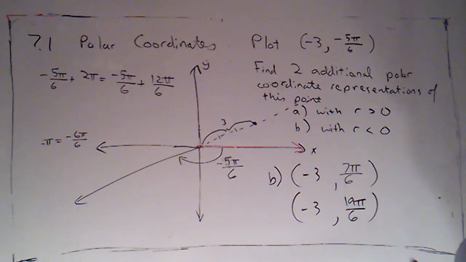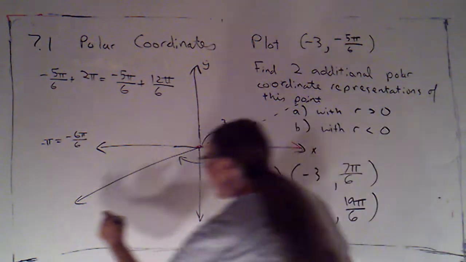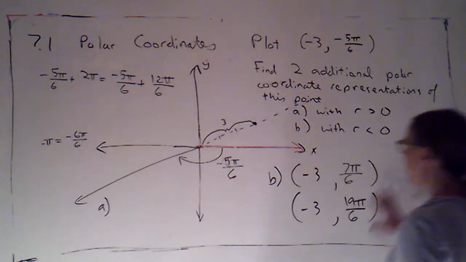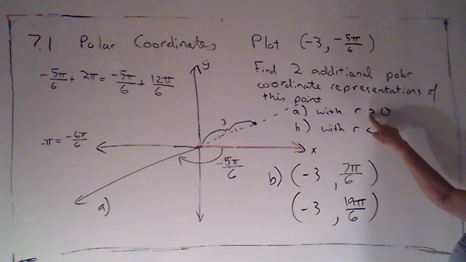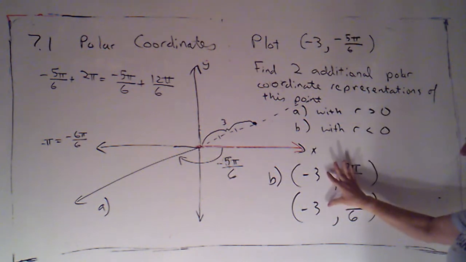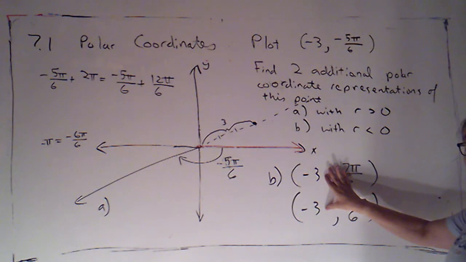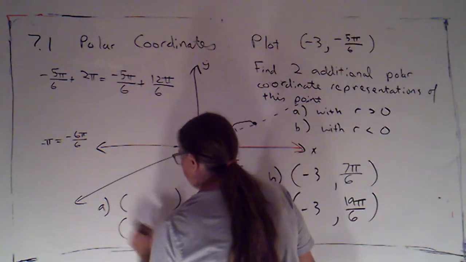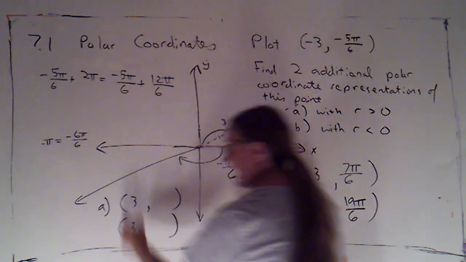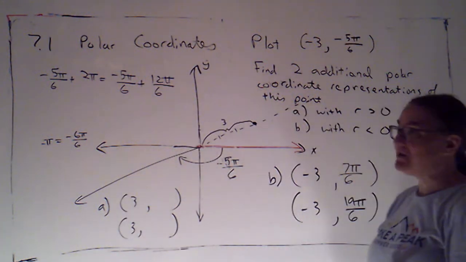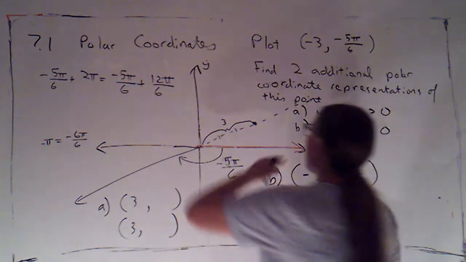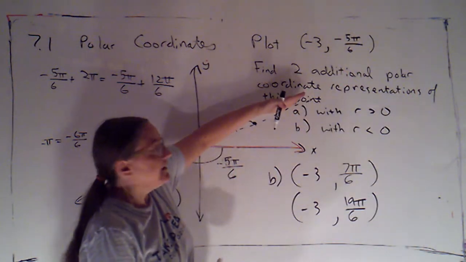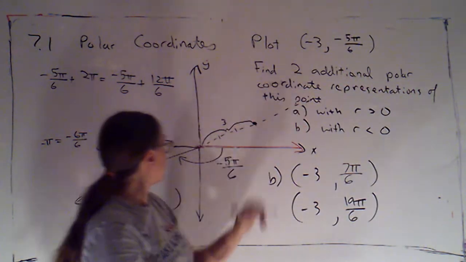Excellent. Okay. Now let's go ahead and do part A. For part A, we wanted 2 names, but where r was positive, so it's going to have to be 3. The distance is still 3, and so I need a number whose absolute value is 3, and there are only 2 of those. But now I want an angle that's going to point in this direction.